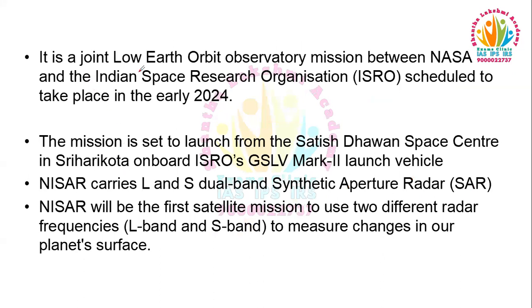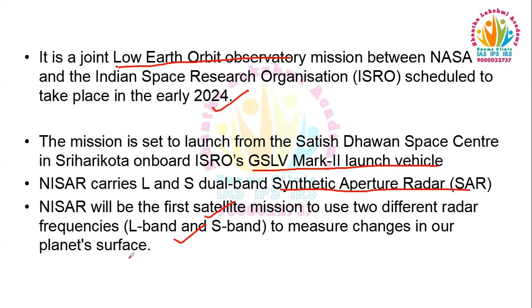NISAR is a joint low Earth orbit observatory mission between NASA and ISRO, which is scheduled to take place in early 2024. The launch vehicle is the GSLV Mark II. It carries an L and S dual band synthetic aperture radar, and it is one of the first satellite missions to use two different radar frequencies, that is L band and S band.